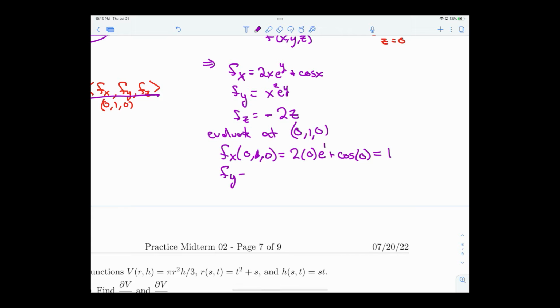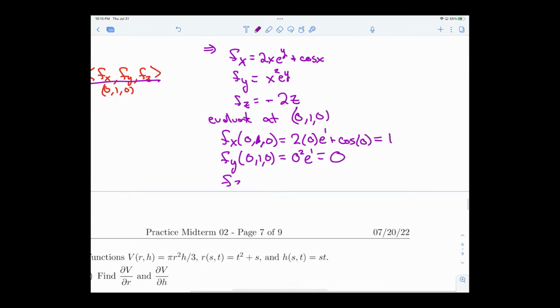Then we need fy of (0, 1, 0). We have 0 squared e to the 1, which is 0. Then fz at (0, 1, 0) is negative 2 times 0, which is 0.